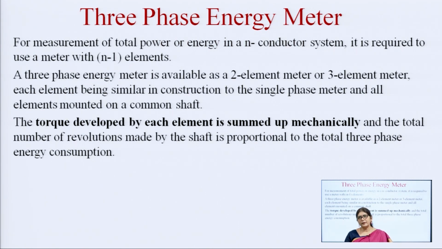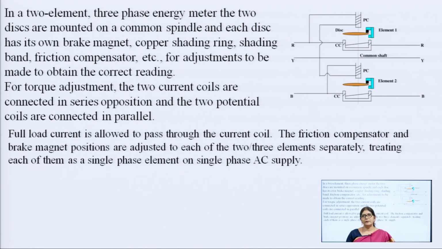Now, the 3-phase energy meter is similar to the single phase energy meter, and we have already seen in the last lecture that if there are n number of wires, we can measure the energy or power by using n minus 1 elements. So, here we can use 2 energy meters to measure 3 phase energy.